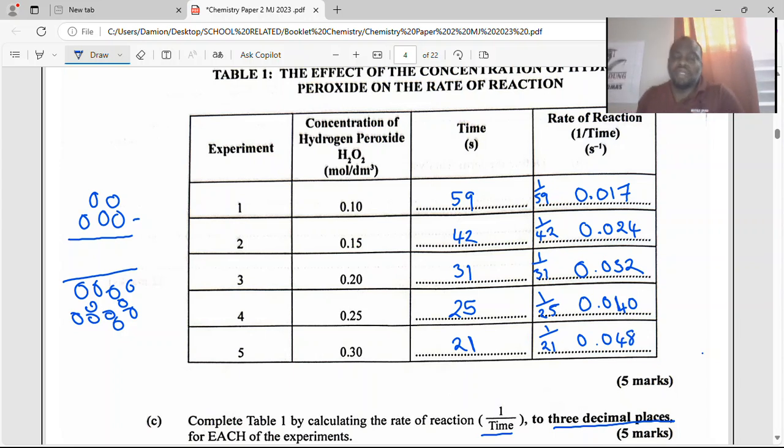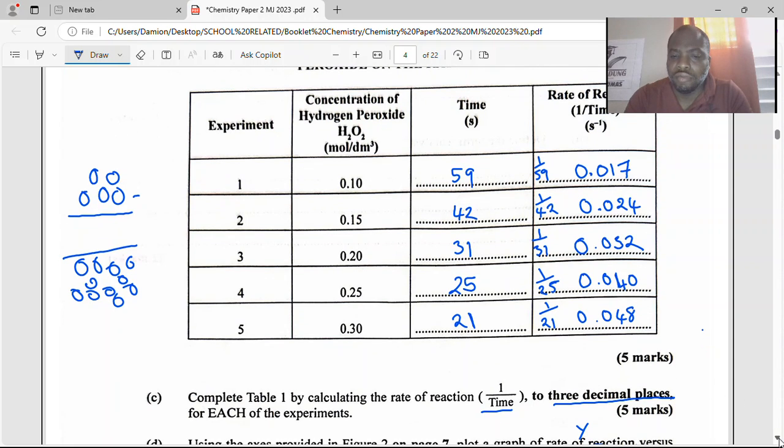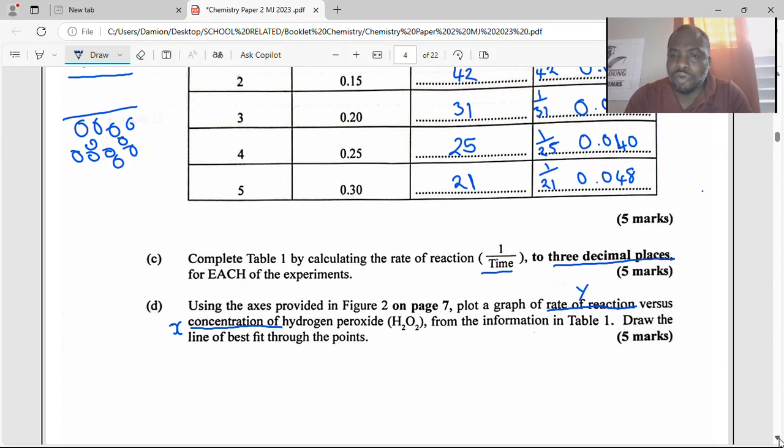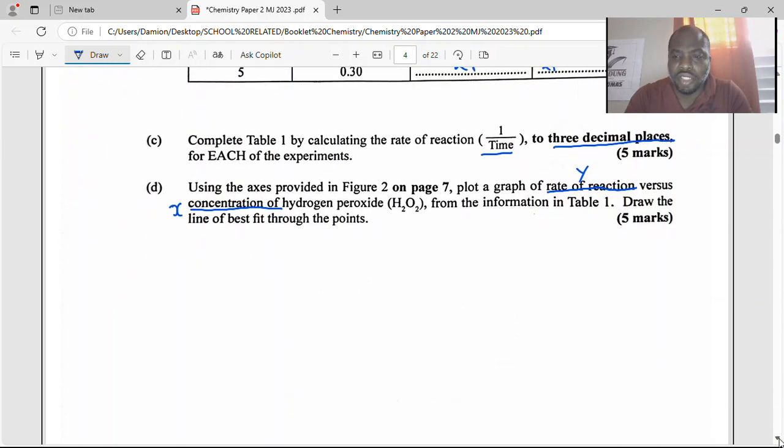All right, so we would have captured our rate of reaction, 1 over t. And remember again, 3 decimal places. That is very critical in doing our 1 over t, our rate.